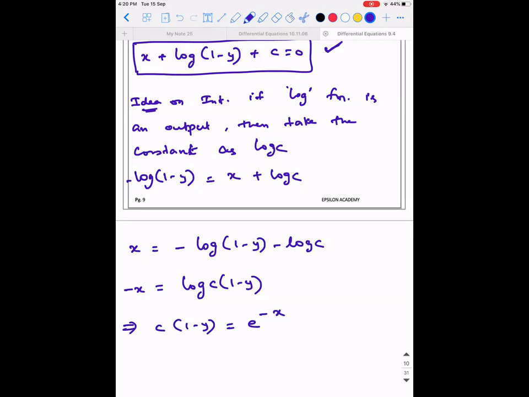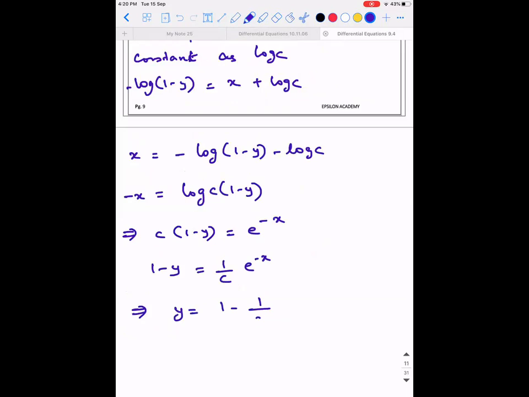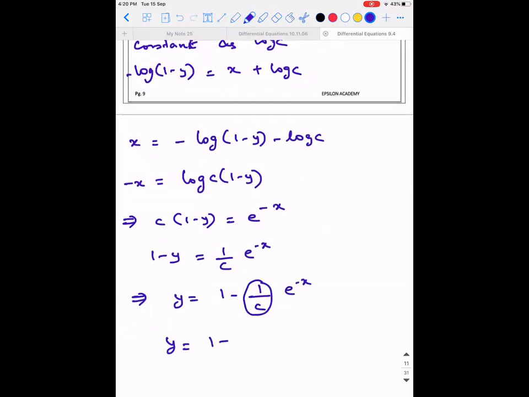So 1 minus y is equal to 1 by c e power minus x. You can write it as some other constant. Let's say it is k. Then y will be equal to 1 minus k e power minus x.